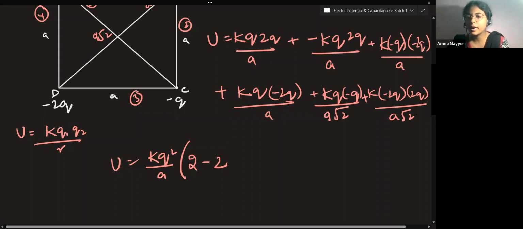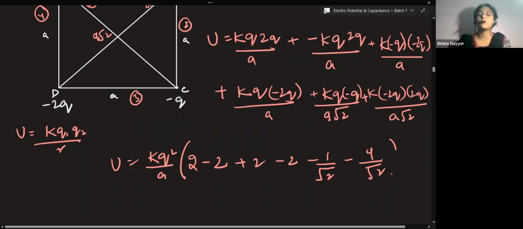Plus 2 is left over here because minus minus becomes plus. Minus 2 is left. From here, minus 1 by root 2 is there because here we have root 2. And minus 4 by root 2 is left. This is what is left.